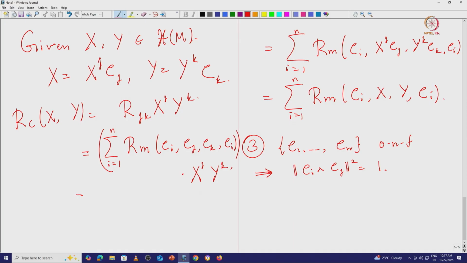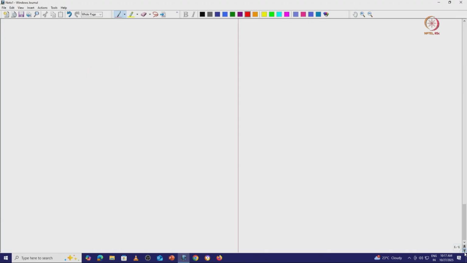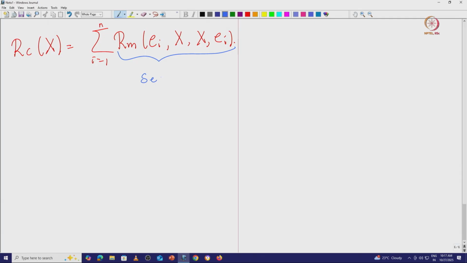Okay, so now by the second part, Ricci of (x, x) is simply the sum over i going from 1 to n of Rm(E_i, x, x, E_i), but notice that this is precisely the sectional curvature of the plane spanned by E_i and x.